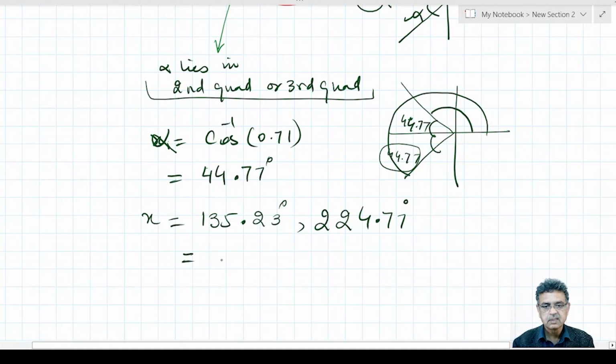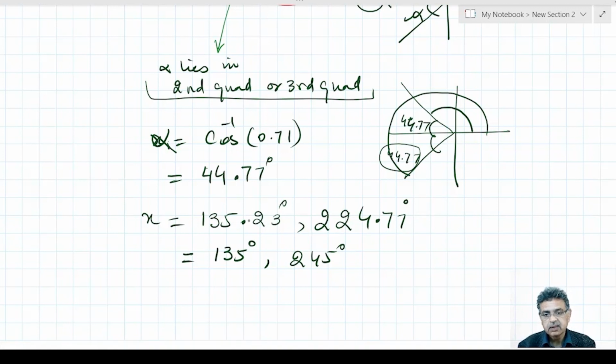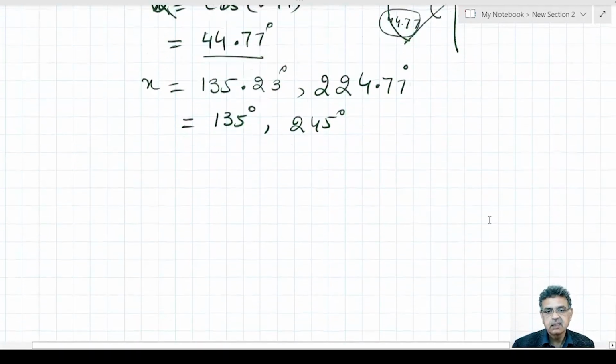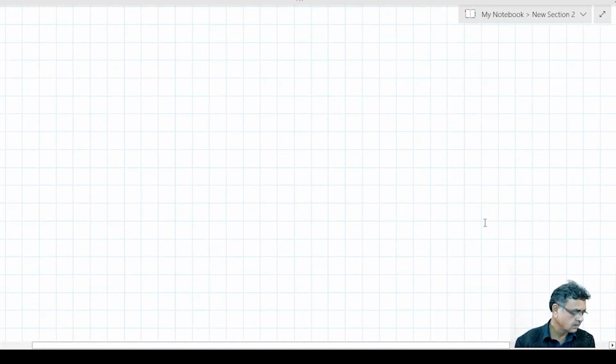So rounding off to one decimal place, or three significant figures, this is 135 and this will be 245 degrees. So you can round off the final answers, but not these values. I will do one or two more questions of this concept. Then I hope you will clearly understand what it means.